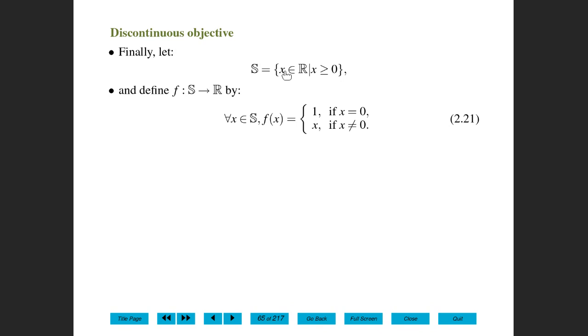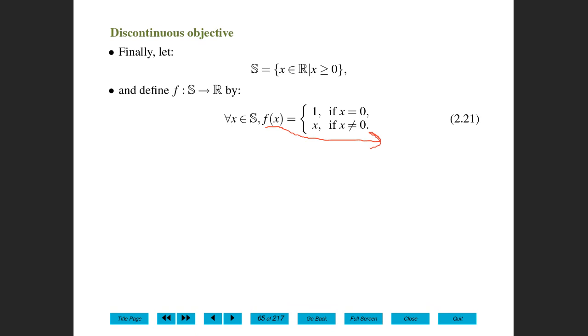If you look at the original one, the feasible set is x greater than or equal to 0, and we have a function from the feasible set to the set of real numbers, where f of x is x if x is not equal to 0, and f of x is equal to 1 if x equals 0. So you have to see this from different views. One view is here, and one view is here.